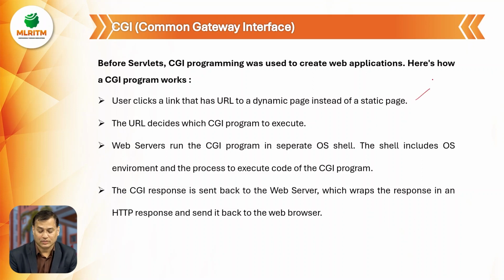The URL decides which CGI program to execute. Then the web server runs the CGI program in a separate OS shell. The shell includes the OS environment and the process to execute the code of the CGI program. The CGI response is sent back to the web server, which wraps the response in an HTTP response and sends it back to the browser.